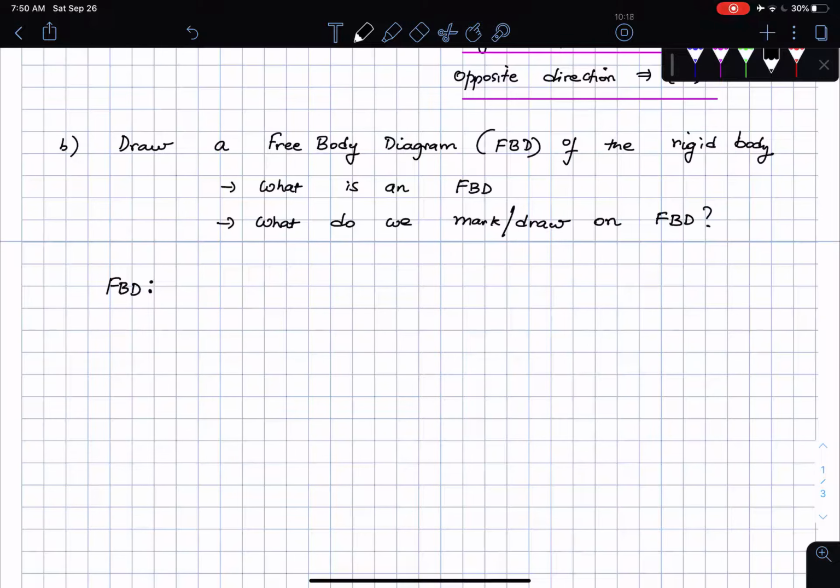It is an isolated or a floating rigid body, where you have removed the rigid body from everything that holds it in place.